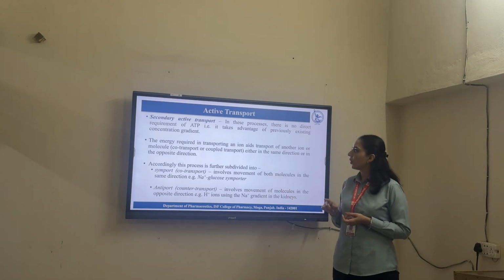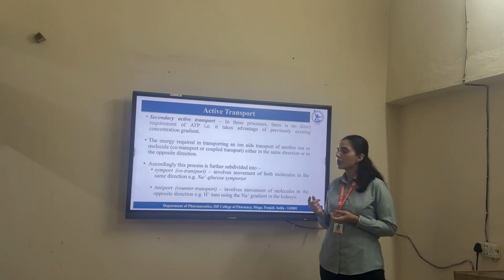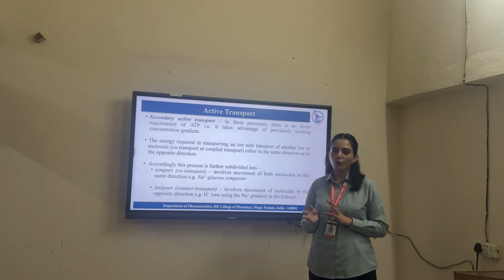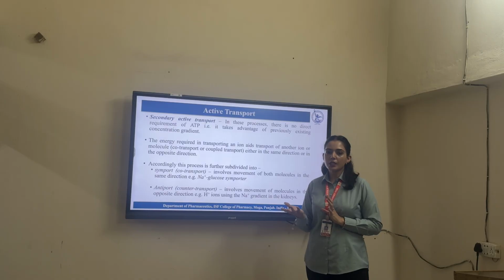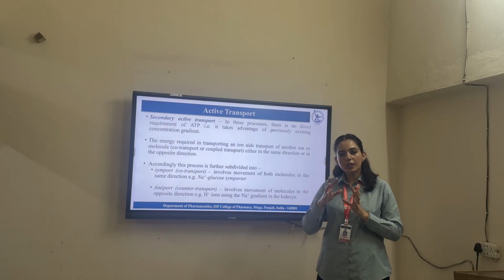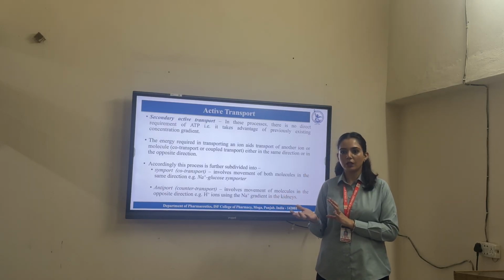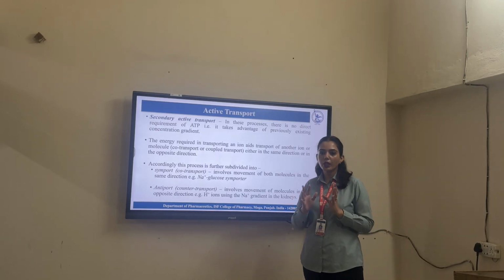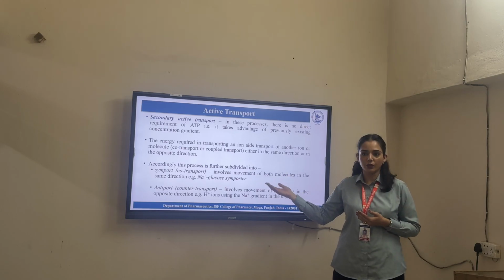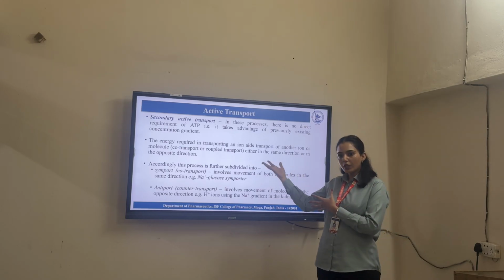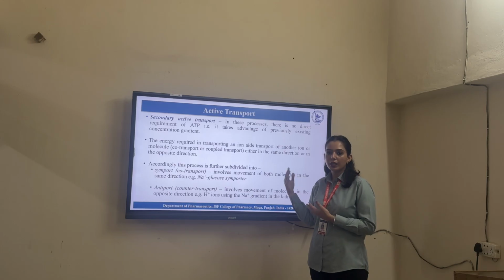So next is secondary active transport. In this process, no direct ATP is required. The process takes advantage of a previously existing concentration gradient. The energy required in transporting an ion aids transport of another ion or molecule, either in the same direction or in the opposite direction.